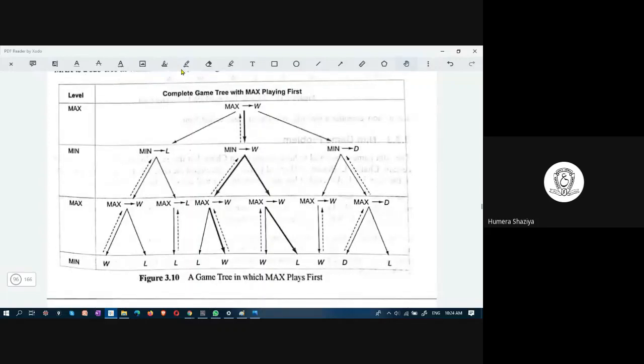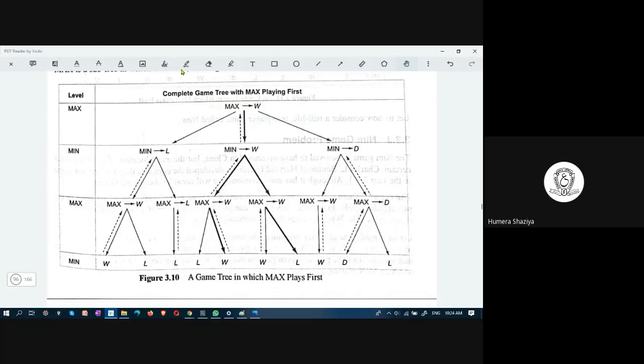Consider this game tree in which max plays first. One layer is max, another layer is min, another one is max, and finally you have min.